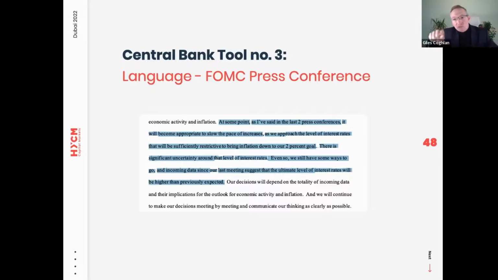But then there's the press conference. So whenever you're trading central bank statements, you might make a mistake and think it's one event. No, it's not one event, it's two. And in the case of the ECB, it's 3 events. 1, the statement. 2, the press conference.